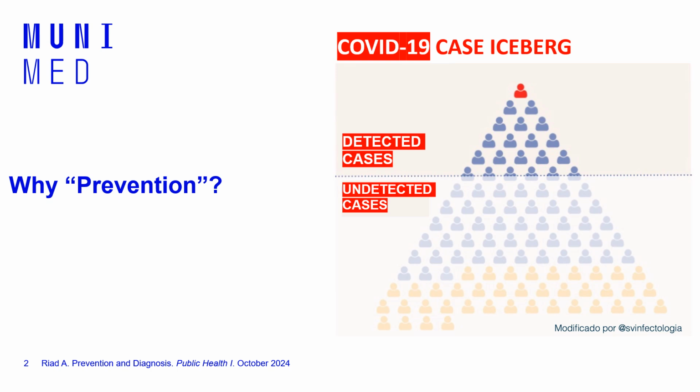The first group, in darker colors, the detected cases, are the cases that we can see by our eyes or we can record. Those include those who die from the disease, or the mortality cases, and also those who are diagnosed or already recorded as active cases or previously active cases, which are the symptomatic cases.